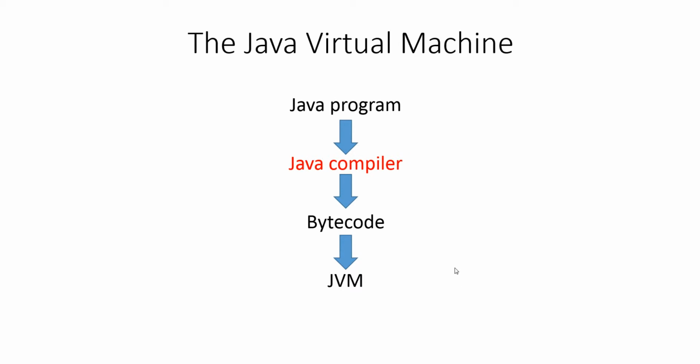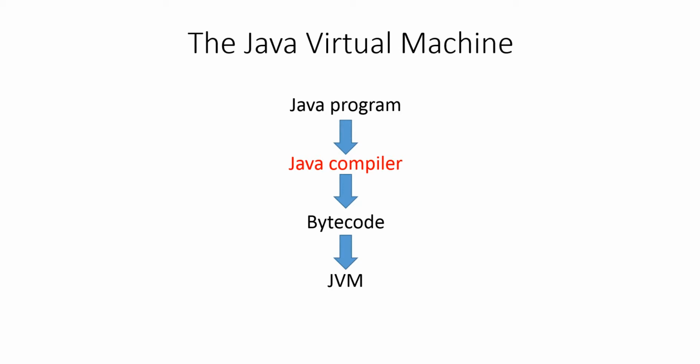Java is a little bit different. The Java compiler first compiles the source program into bytecode. To run the bytecode requires a Java Virtual Machine, or JVM. JVM is not a piece of hardware.